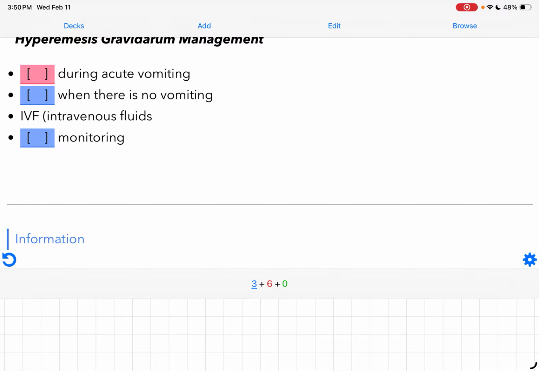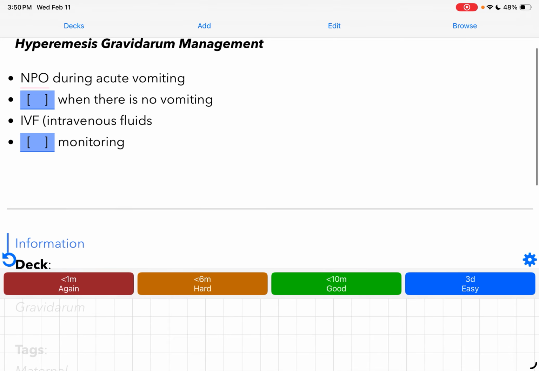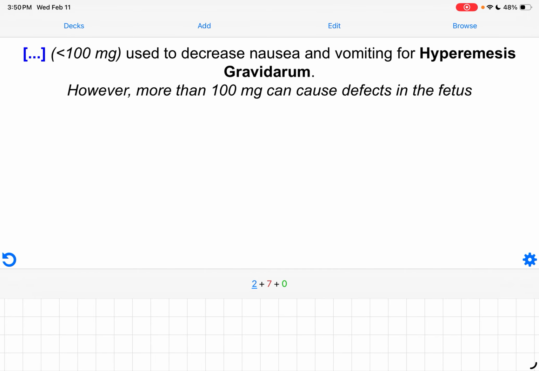During acute vomiting, we must not have anything in the mouth. Vitamin B6, pyridoxine, is used to decrease nausea and vomiting for hyperemesis gravidarum.